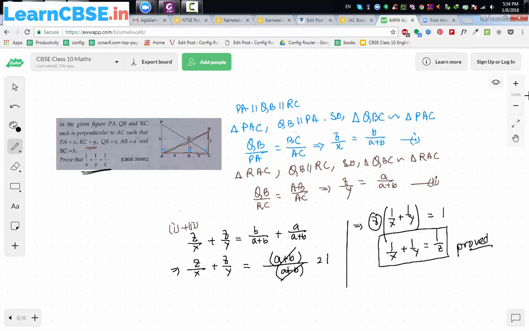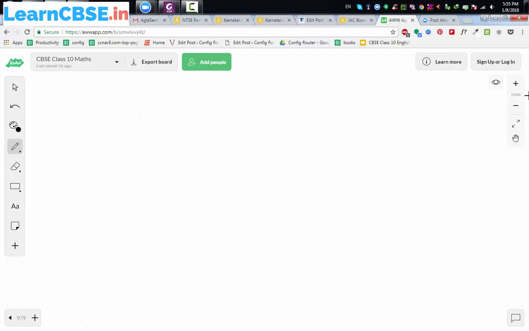Now, using the Thales theorem, we have the midpoint theorem. So what is the midpoint theorem and how can we solve it?